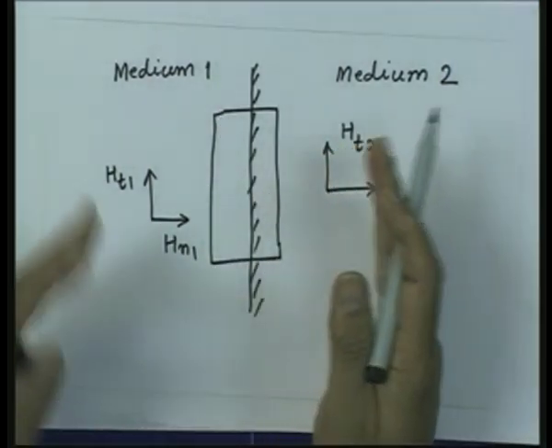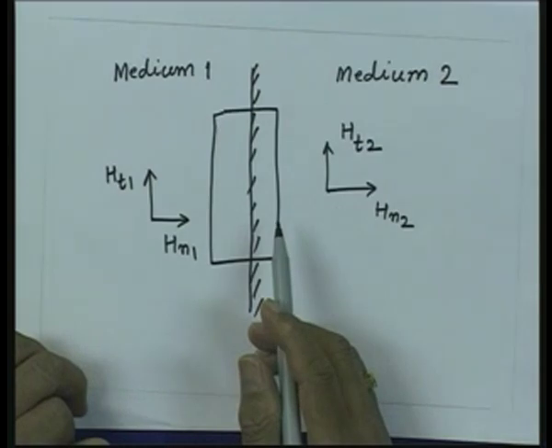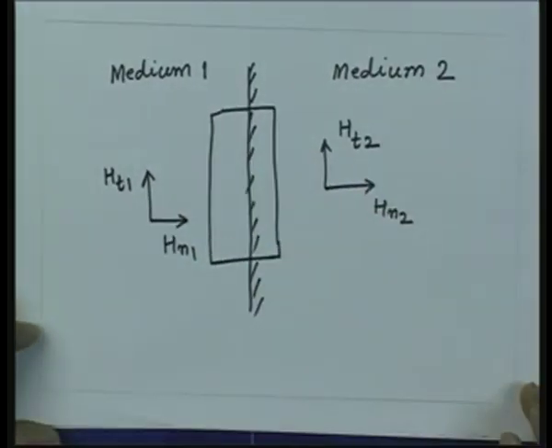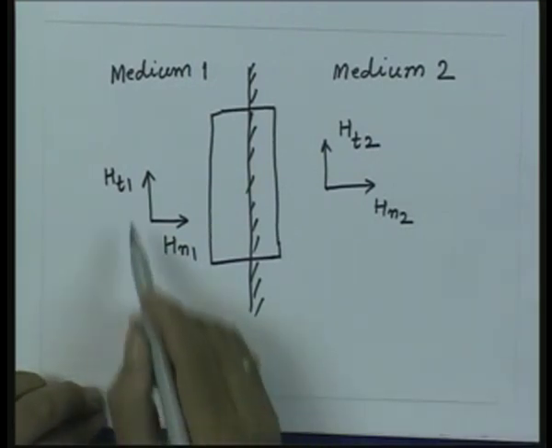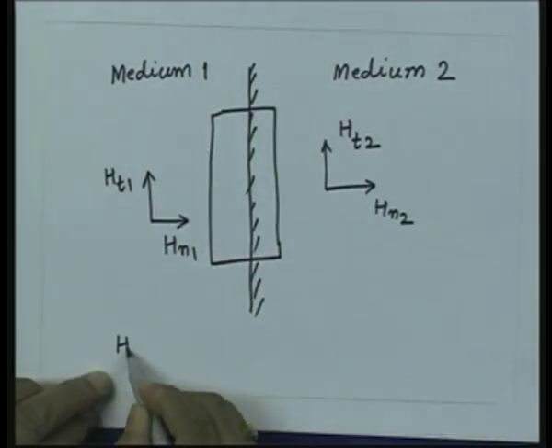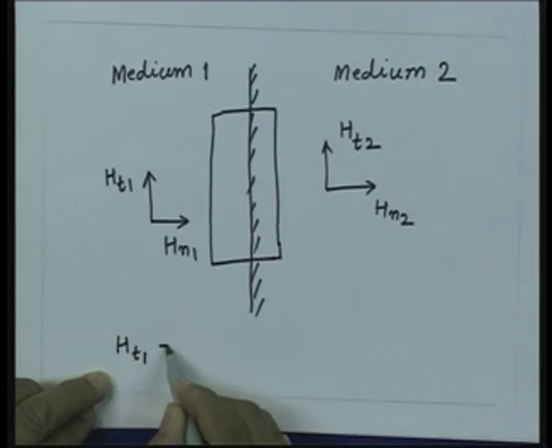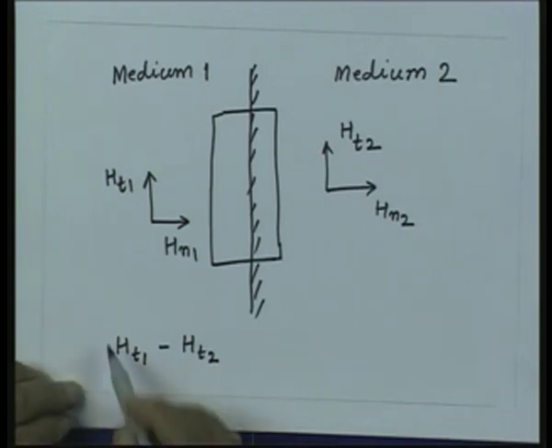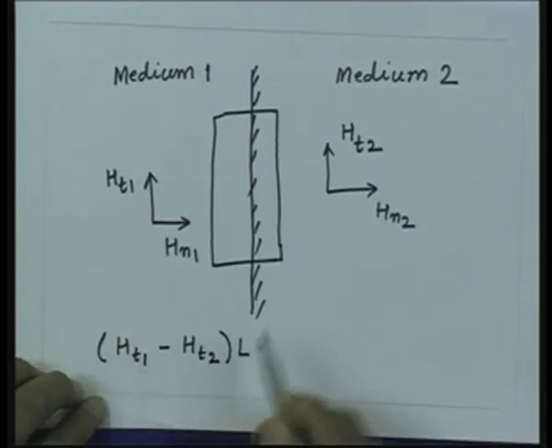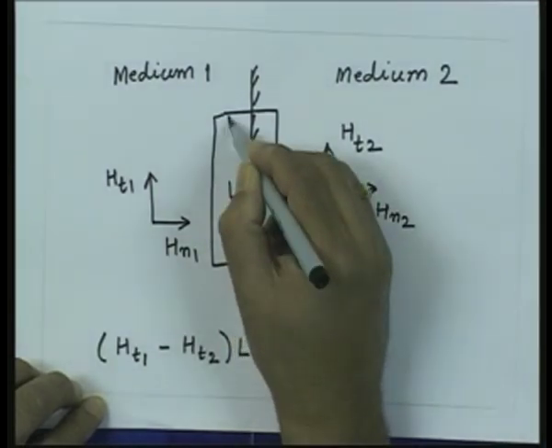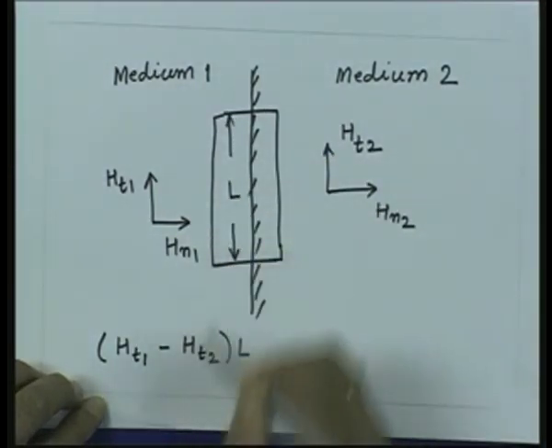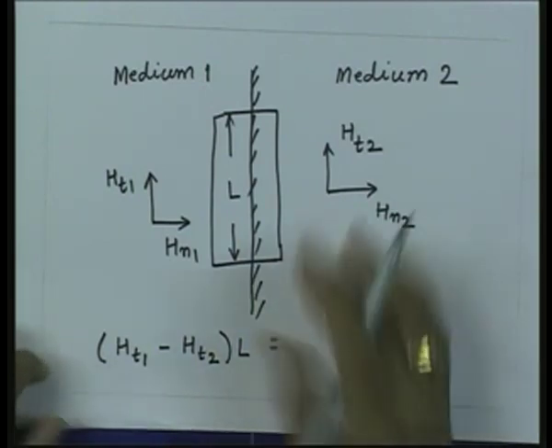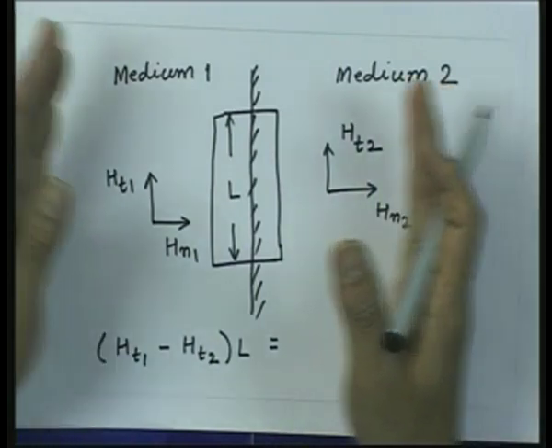When the size of the loop tends to 0, the contribution coming from these two sides will go to 0. So essentially we now have the line integral which is Ht1 minus Ht2 into L, the length of this loop. That should be equal to the total current enclosed by this loop in the limit when the size of the loop goes to 0.